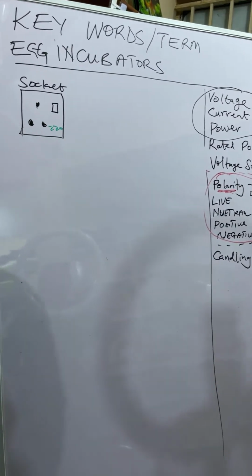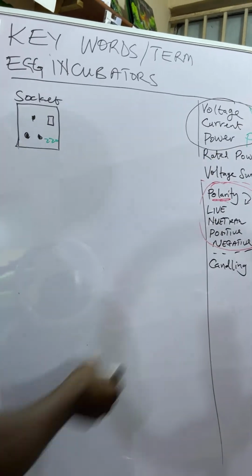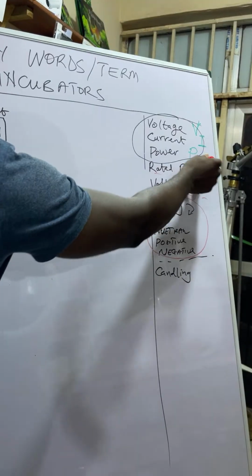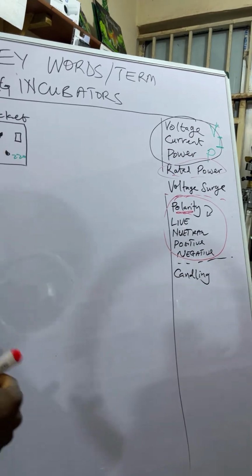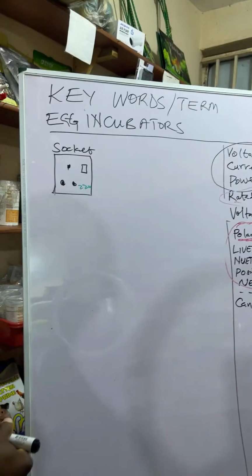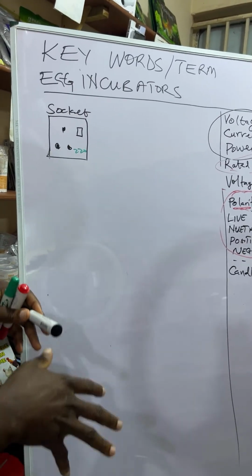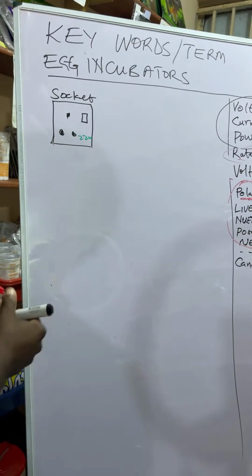So we are looking at rated power. Another important thing, rated power. Let's say you are making your incubator. You have to sit and calculate the power consumption of all the various components.